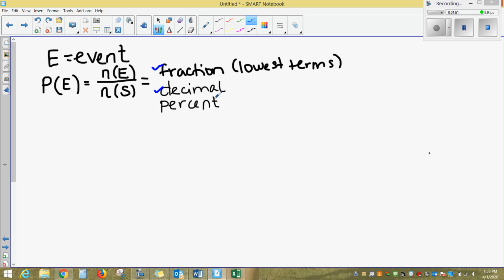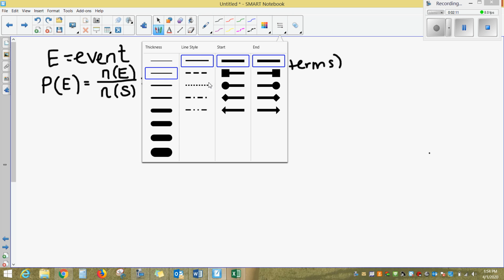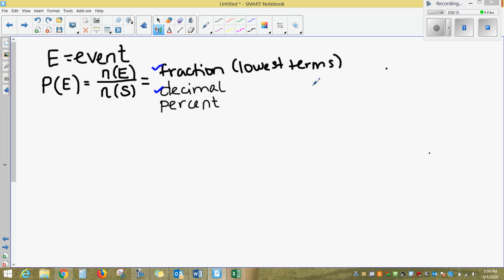Most of the time fractions, because if you have something happen 1/3 of the time, calling it 0.3 or 0.33 is really not close enough. 1/3 is more precise, and calling it 0.3 repeating is also difficult if we're doing more computations. So fraction form is great. If it's a nice decimal, like half the time or a fourth the time or an eighth the time, 0.125, we can write it.